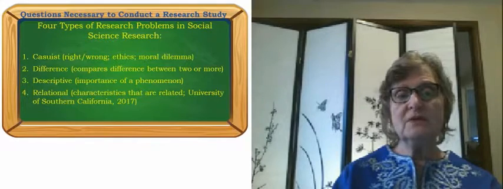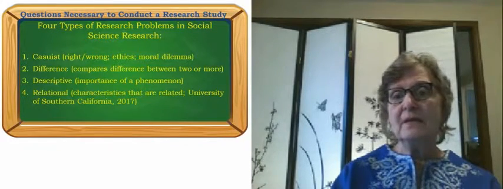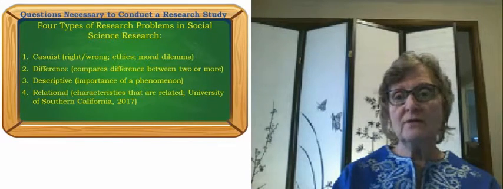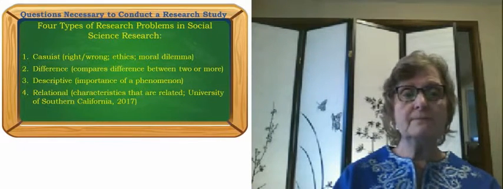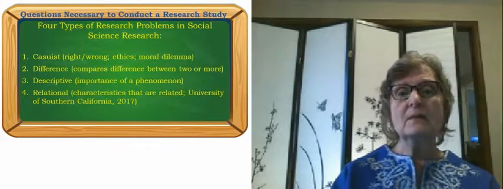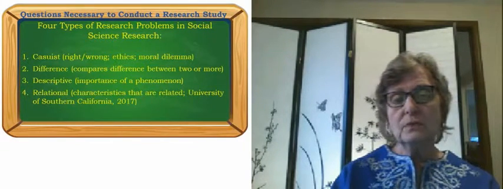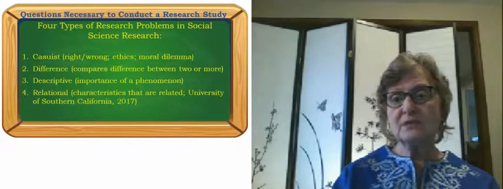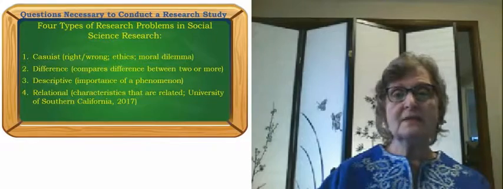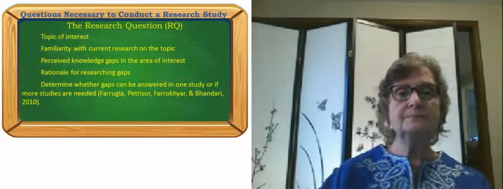The descriptive research study basically describes a phenomenon and points out the importance of that phenomenon. And finally, the relational research study researches characteristics that are related and tries to find the common links that cause them to be related.